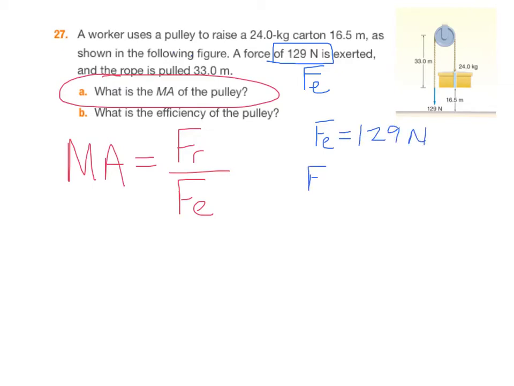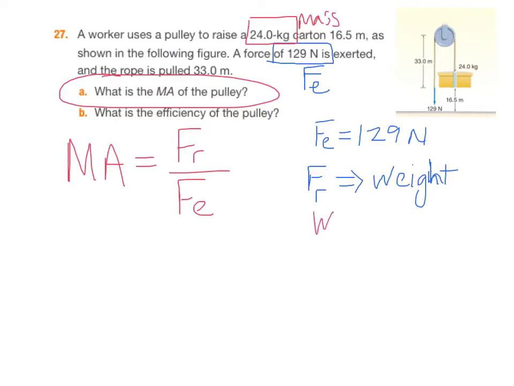Now, how much is this being resisted by? Well, it's being resisted by the weight of the crate. Now, do we have the weight of the crate? We do not. What do we have? Well, we have the mass of the crate. So ask yourself, how do you find the weight of this crate if you have the mass?